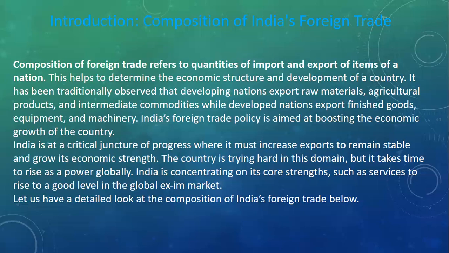It has traditionally been observed that developing nations export raw materials. The nations which are developing, not yet developed, export raw materials, agriculture products which are easily available, and intermediate commodities.